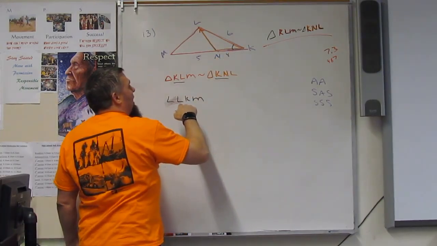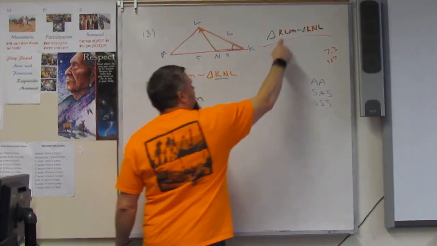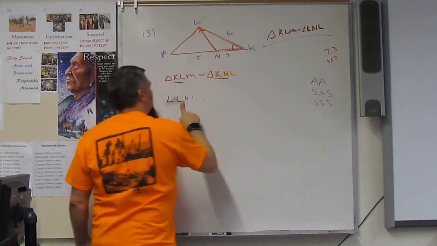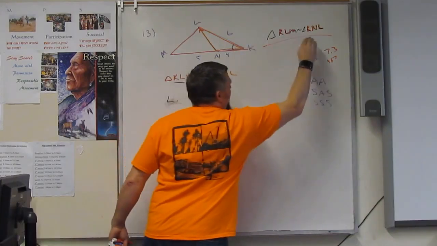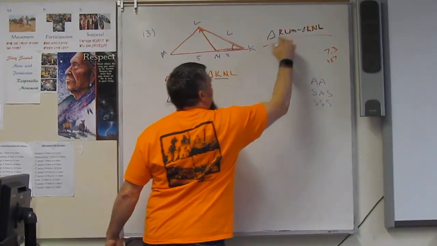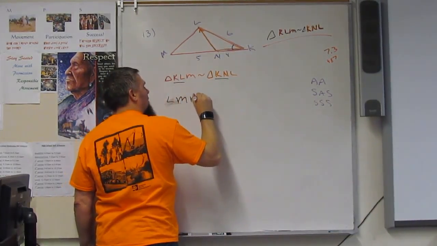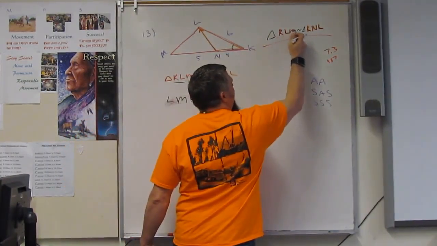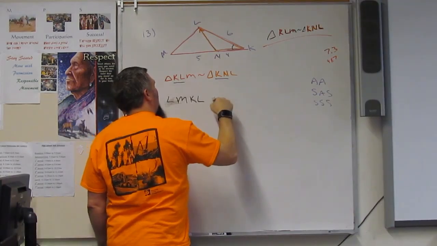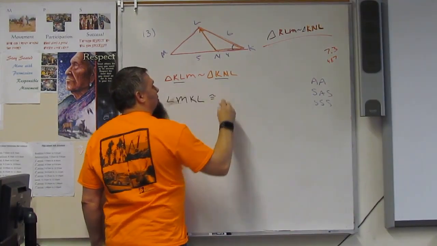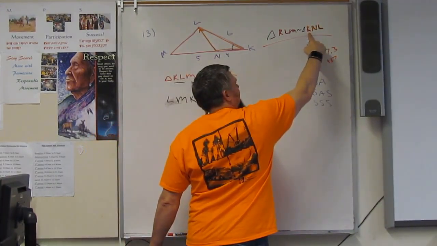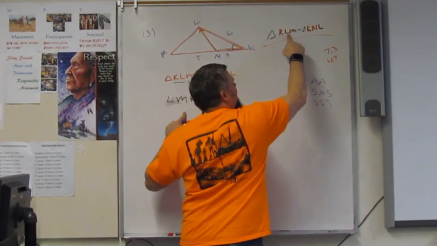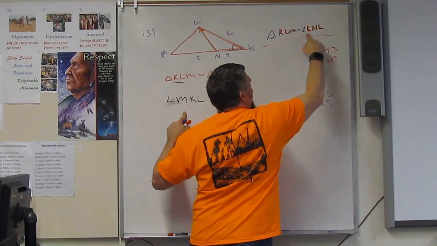If I'm going LKM, then it's kind of going backwards, right? So I would rather go forwards, MKL. Follow this the way that it's written. That way, when I say that it's congruent to this K, I can say I started here as MKL, and I can start here and say LKN.